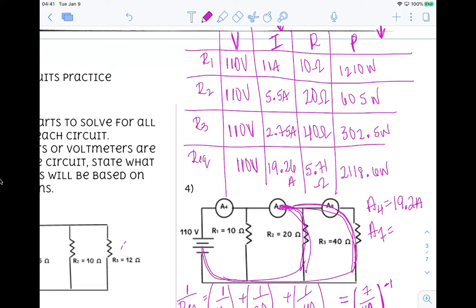So that will give us 5.5 plus 2.75, a total of 8.25 amperes. Lastly, A8 is all at the end, and A8 only has the ability to read this one resistor at the end here, which is R3, which is 2.75 amperes.